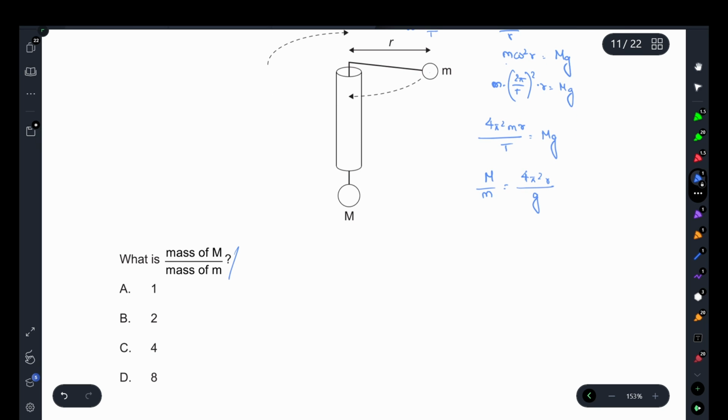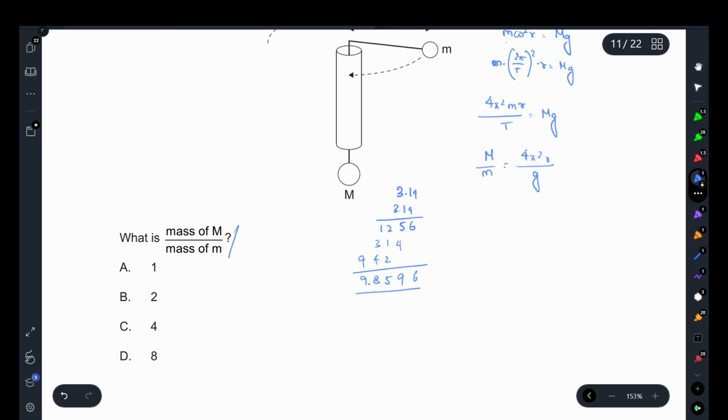Now here's where the math gets a little bit mathy. Let's go ahead and find out the value of pi squared. 3.14 times 3.14 gives 9.8596.